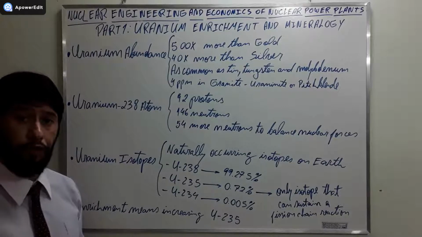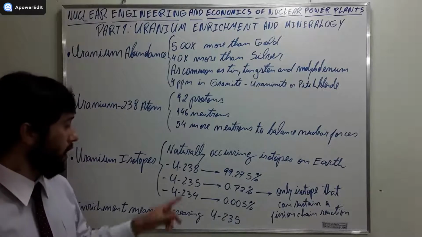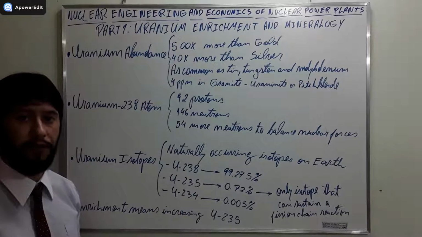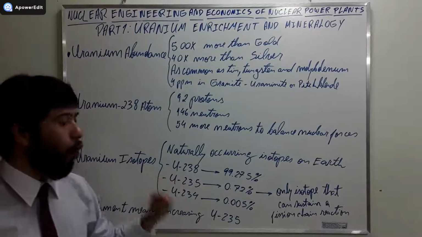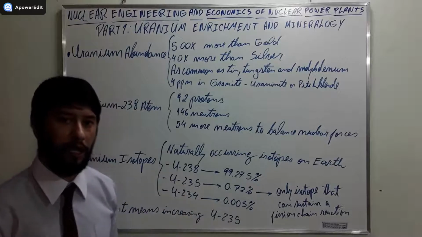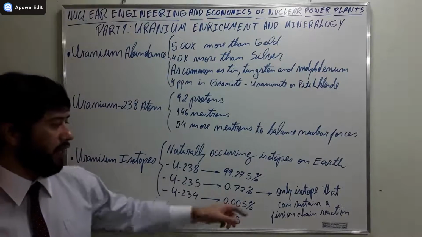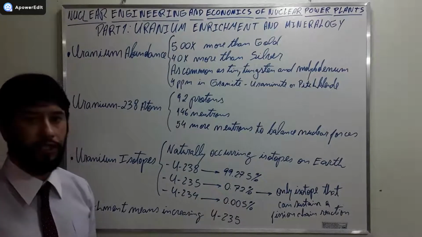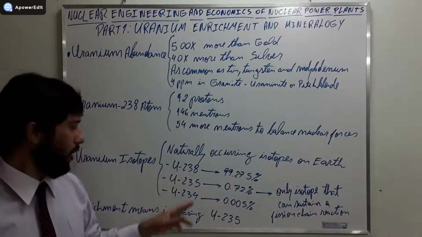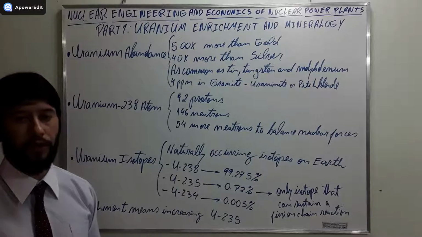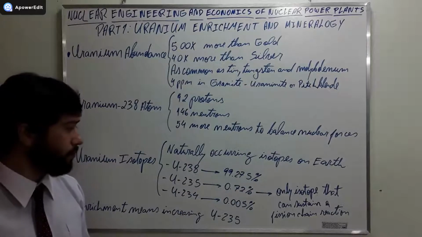We are interested only in uranium-235. Why? Because it is the only naturally occurring isotope that can sustain a fission chain reaction. The others don't. We are interested in uranium-235.